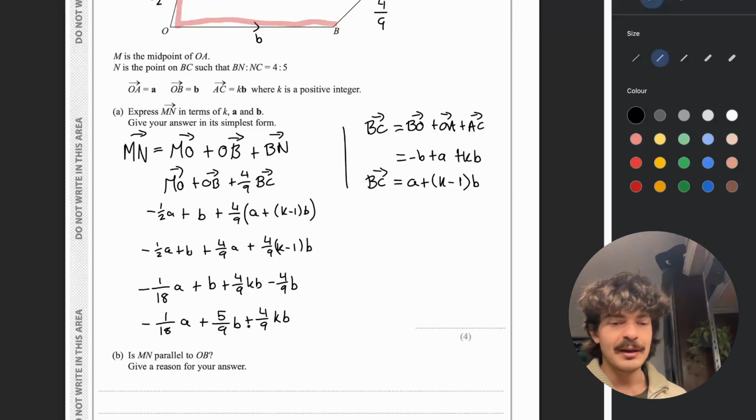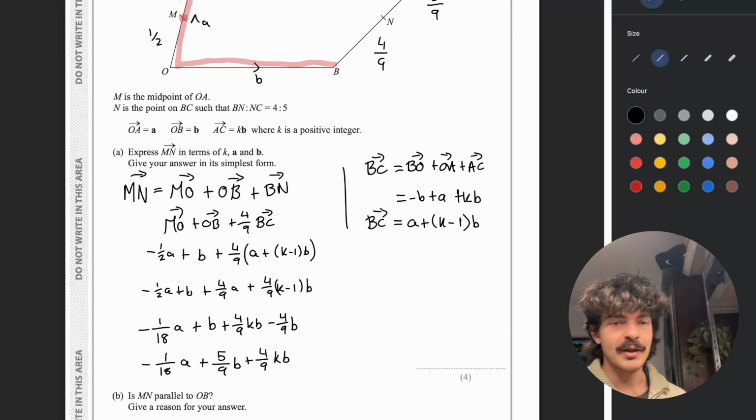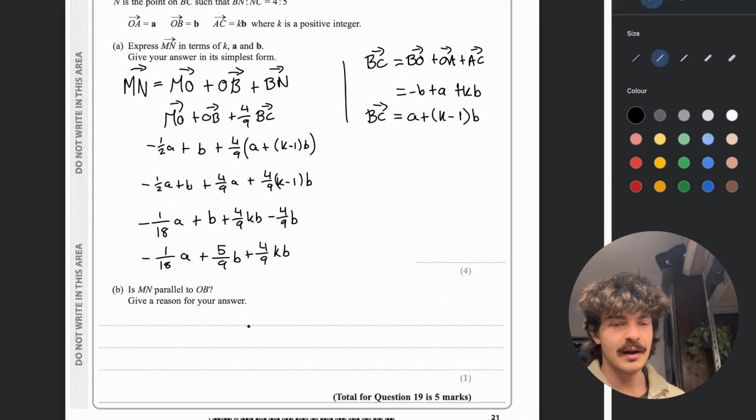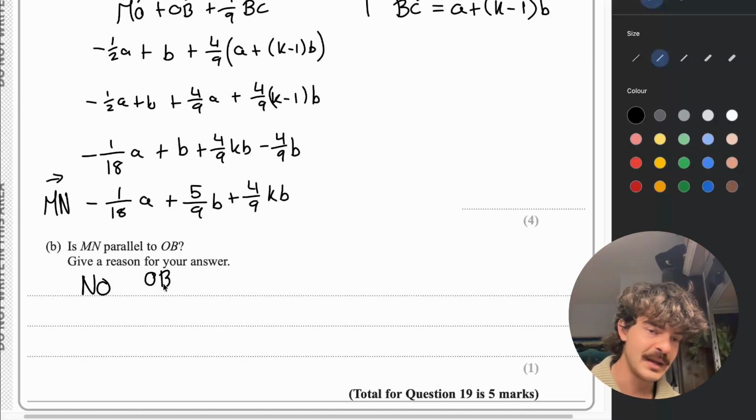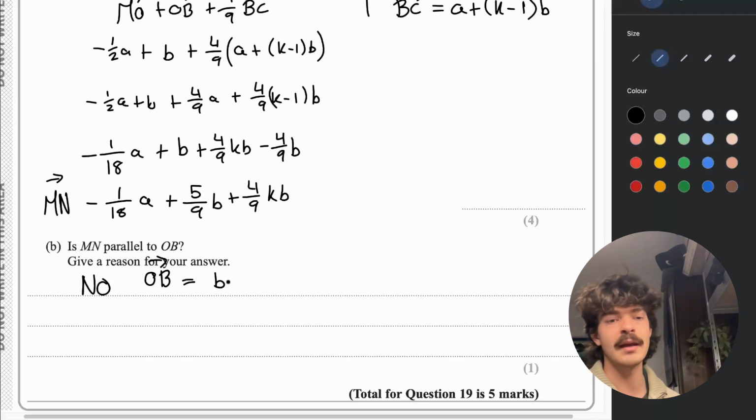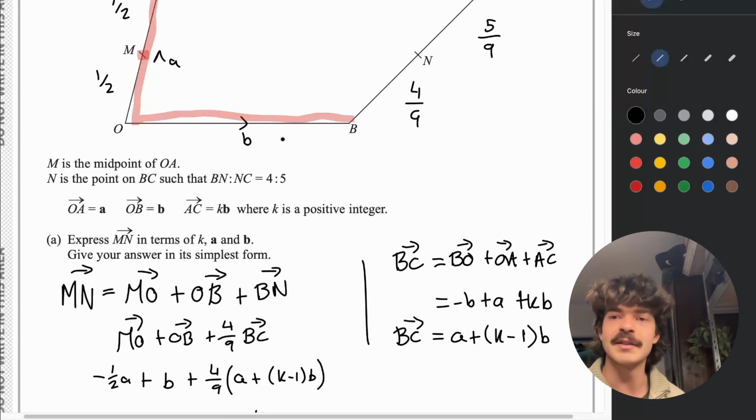Part B here then goes, is MN parallel to OB? And the answer to that is no. MN, what we just found, is not parallel to OB. And the reason for that is, well, OB goes in the direction B. Think of B as maybe moving exactly in your x direction.